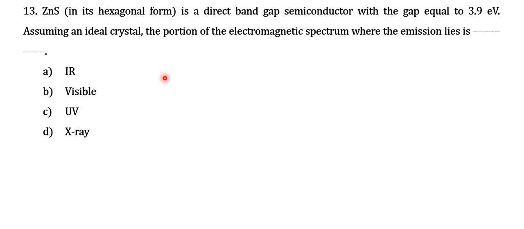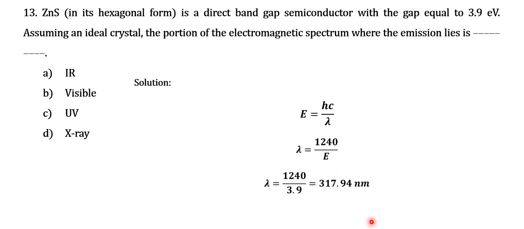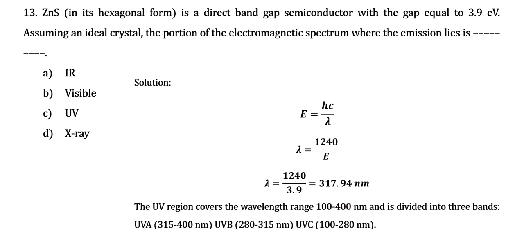If you see the electromagnetic spectrum, visible starts at 400, right? UV. UV, yes, exactly. So it's 317.94 nanometers, and that lies in the UV part. Therefore, the answer is UV.